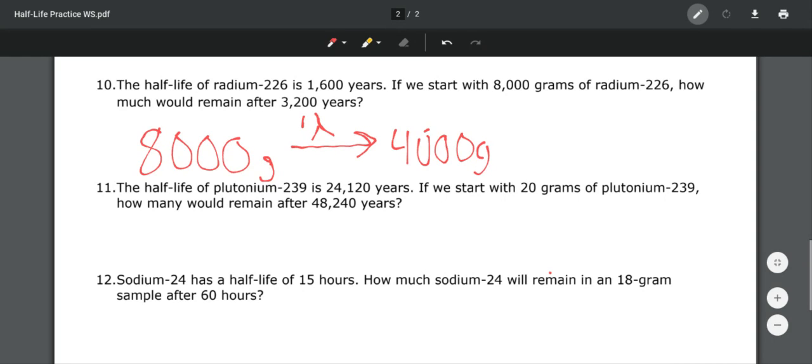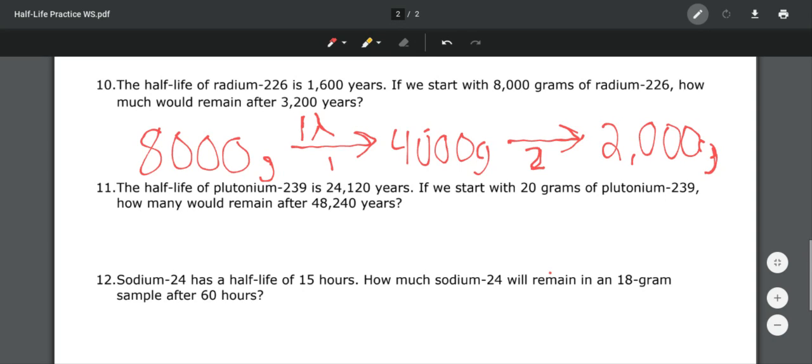But I've only done 1,600 years, so I'm going to have to do another half-life. Here's another half-life. This first one would be 1,600 years, and now I have 2 of these. That'd be 3,200 years. I'd be down to 2,000 grams.